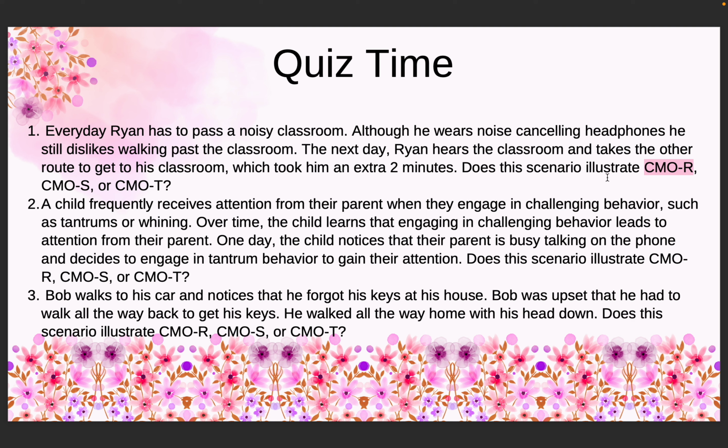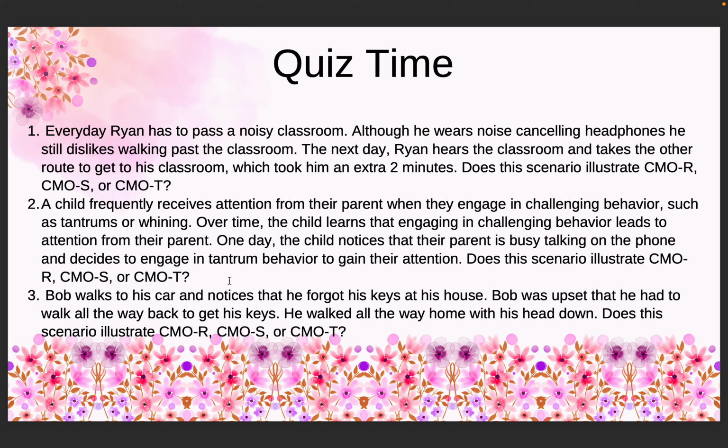Yeah, there is. So it's a CMO-R because Ryan doesn't like noise, right? And the classroom that he has to pass is noisy. So when he hears the noise, he automatically is like, I'm not doing this. I'm going to go the other way, even though it's going to take some extra time. Okay. So something for Ryan is adversive, which is the sound of the classroom, that loud noise. So this is a CMO-R for him.